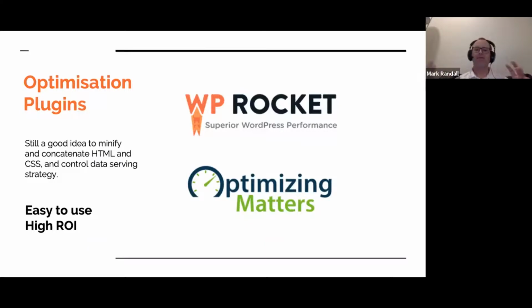So basically what they do is they squash the amount of data that is being served to users and make it smaller. If the data is less, then it's going to be faster, right? It's as good as making your server bigger. So easy to use and a high ROI. Things like WP Rocket, EWW Optimizer, these optimization plugins typically will make sense for most people.